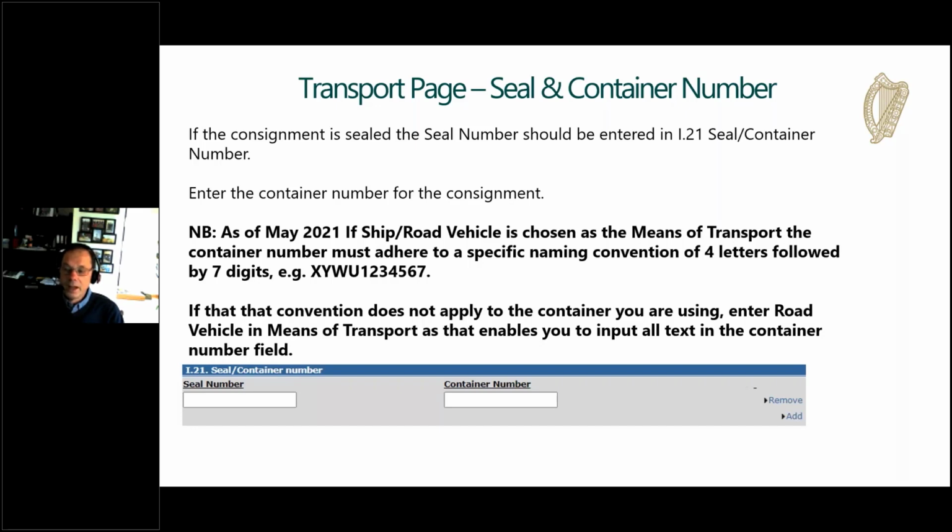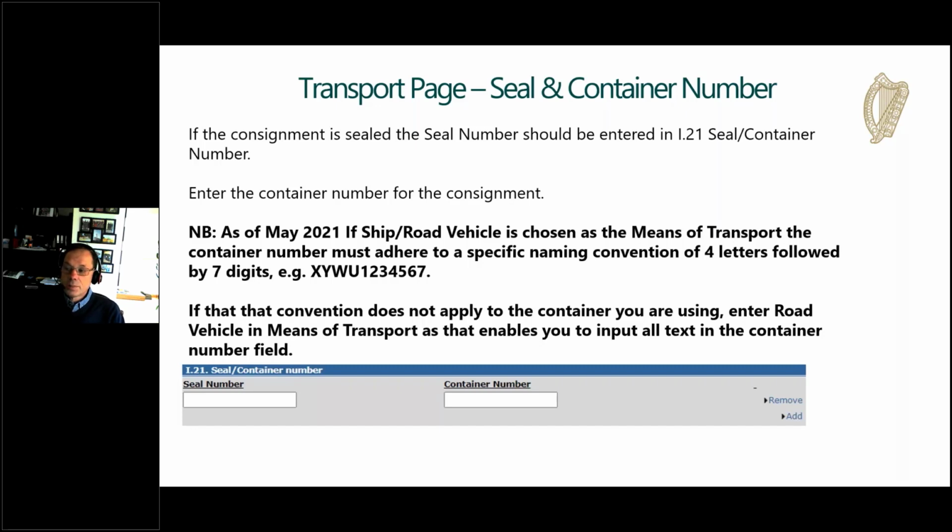Now, as of May 2021, if ship road vehicle is chosen as the means of transport, the container number must adhere to a specific naming convention of 4 letters followed by 7 digits, e.g. XYWU 1234567. If that convention does not apply to the container you are using, enter road vehicle in means of transport, not ship road vehicle, as that enables you to input all text in the container number that you want to.